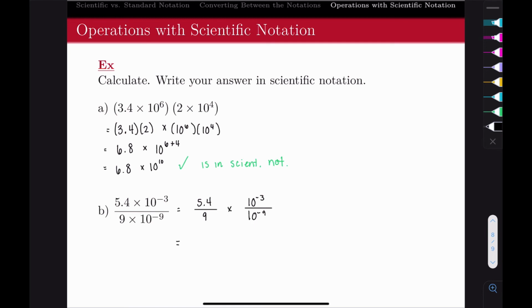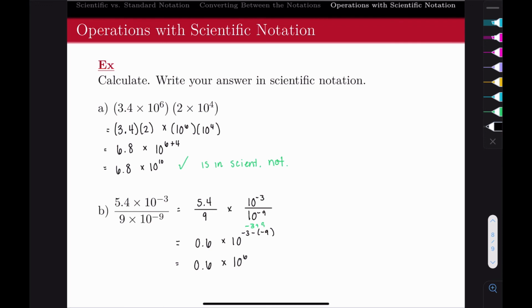If you take 5.4 and divide it by 9, it gives you 0.6. And then using our exponent rules, we go ahead and subtract these 2. So this leaves us with 0.6 times 10 to the -3 minus -9, which is really -3 plus 9. So it leaves us with 10 to the 6.